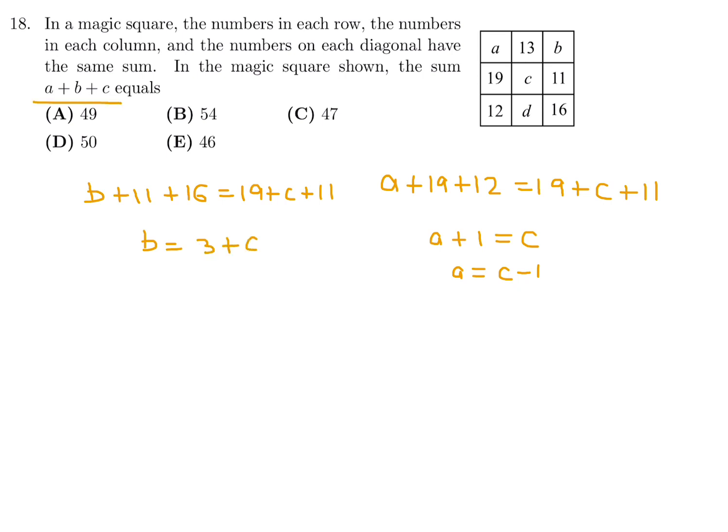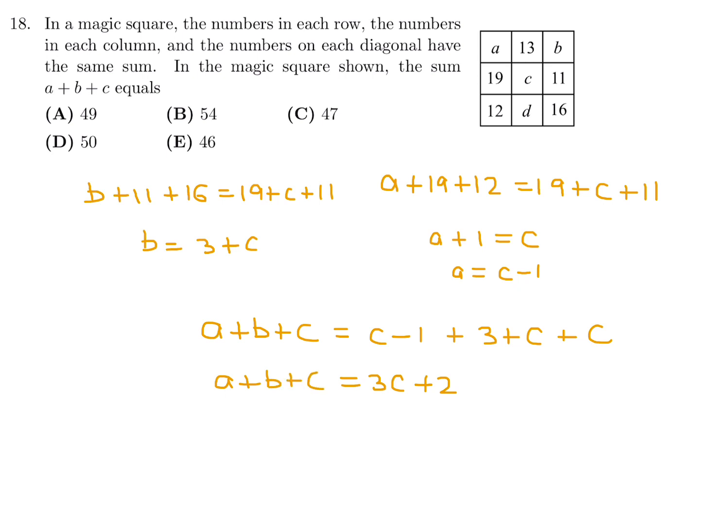So now let's look at my A plus B plus C. What could it be? A is C minus 1, B is 3 plus C, and I've got this C. So this becomes 3C plus 2.